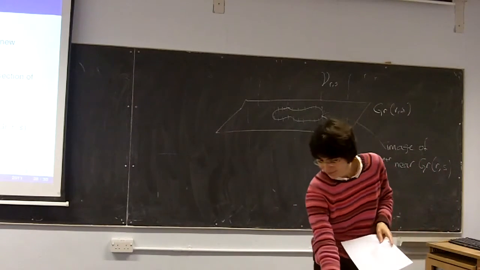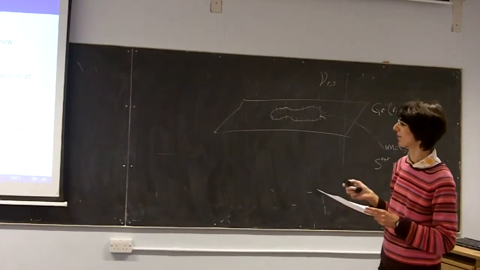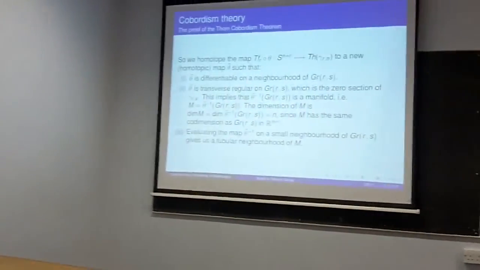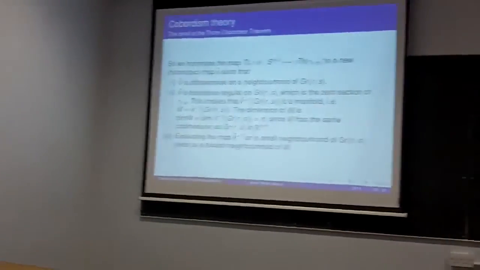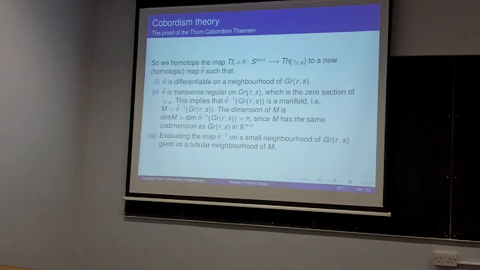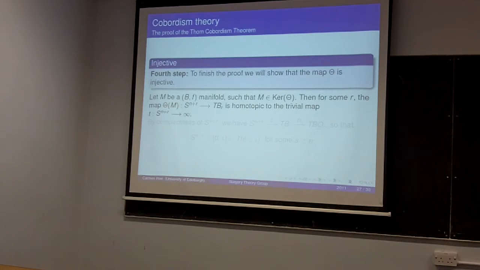So, with a little bit more detail on maps and covering maps and so on, we do get that with these conditions we do get an injective map. And the fourth step is more or less the same procedure. We need to show that it is injective, and to do this we need that thing over there.